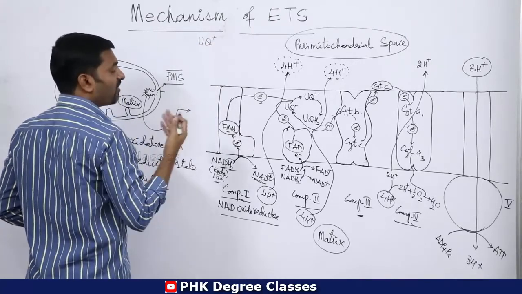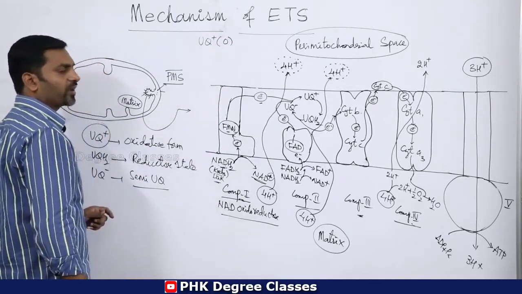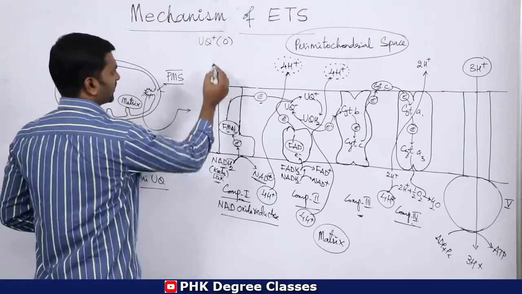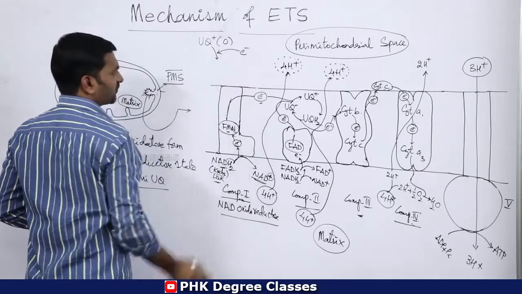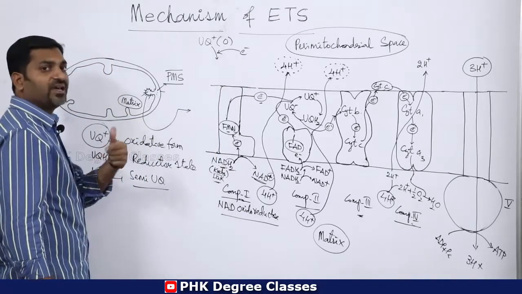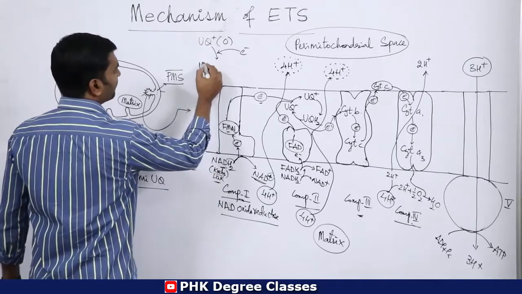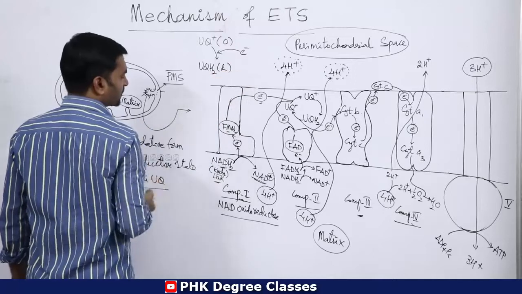What is this? Oxidized form. So I can use the letter O. O indicates the oxidized state. Whenever the oxidized form of ubiquinone gets an electron from any of the sources, it will become the reduced form.